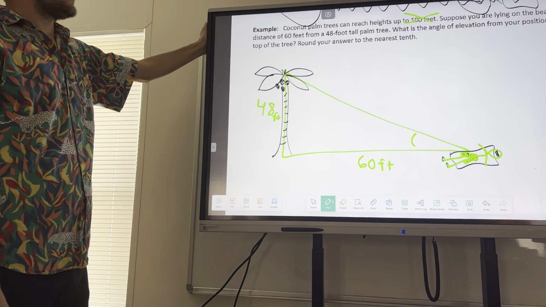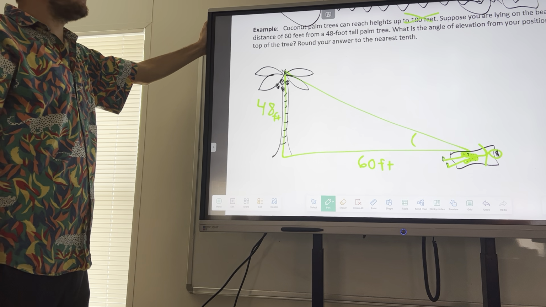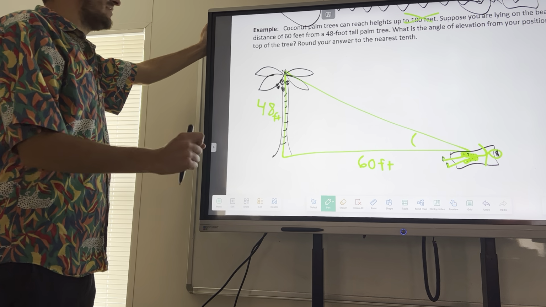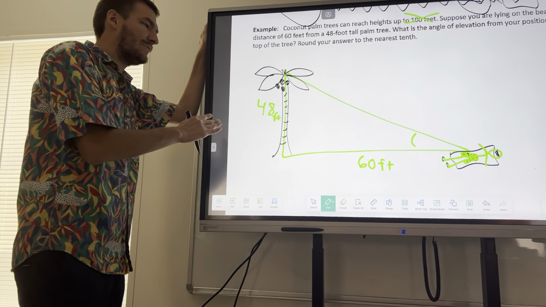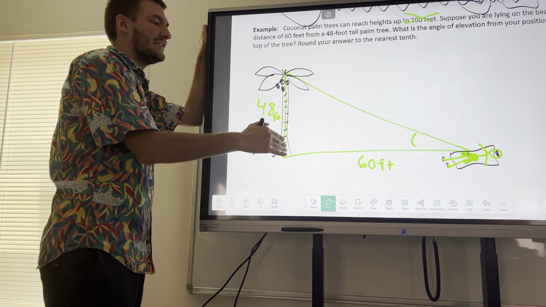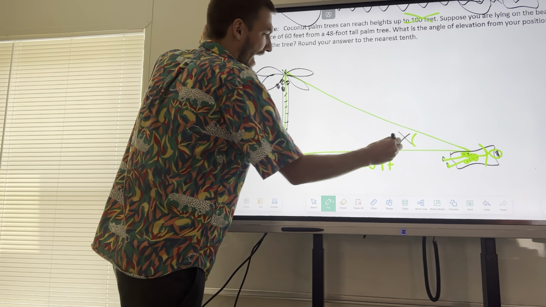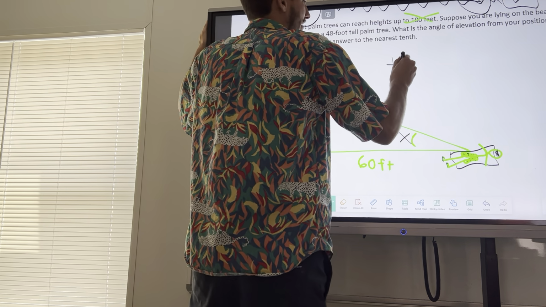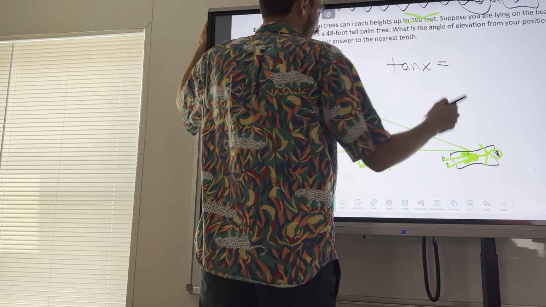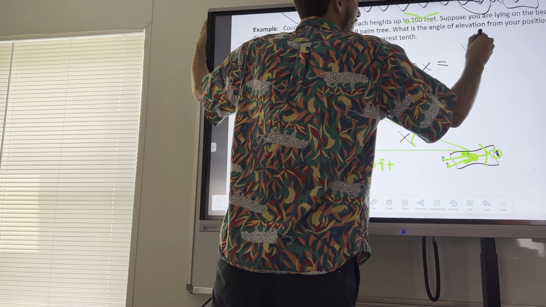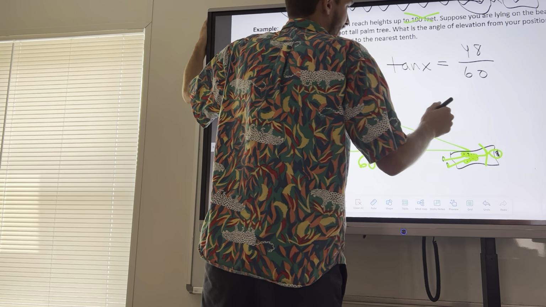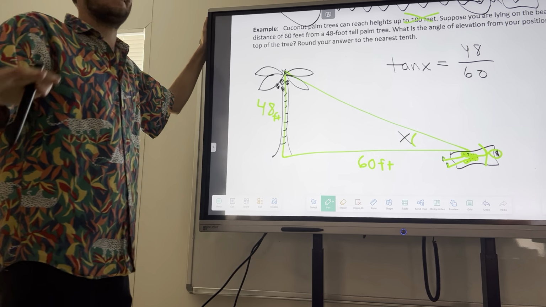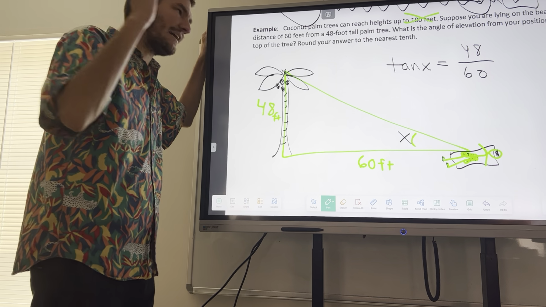What is the angle of elevation from your position to the top of the tree? This time I'm noticing I got double distances. The angle is what I want. What are we doing? Tangent all day today? Who made these questions? The tangent is opposite over adjacent. 48 over 60. How are we gonna get rid of this tangent? It's definitely not dividing.